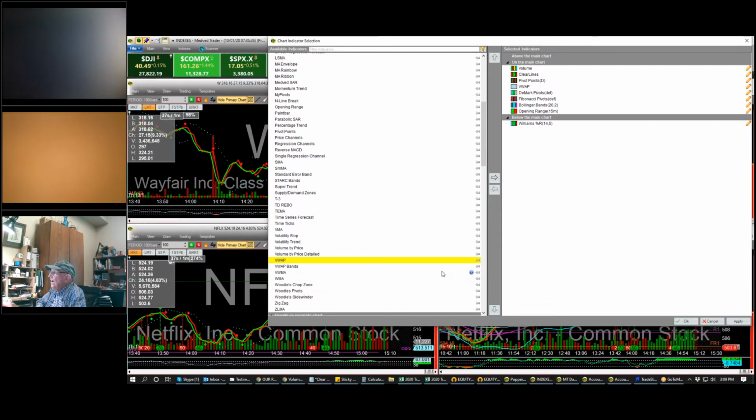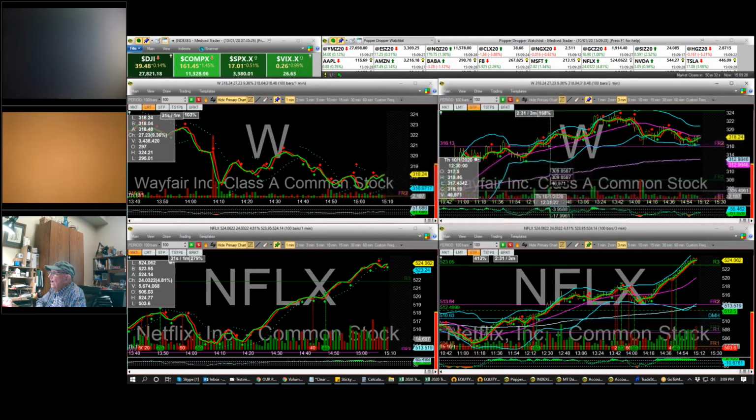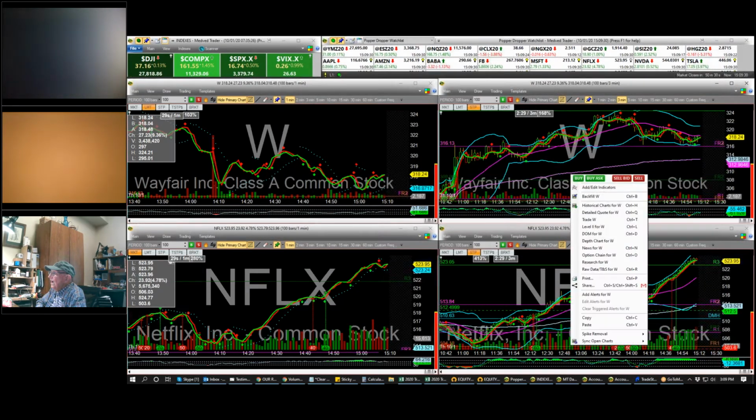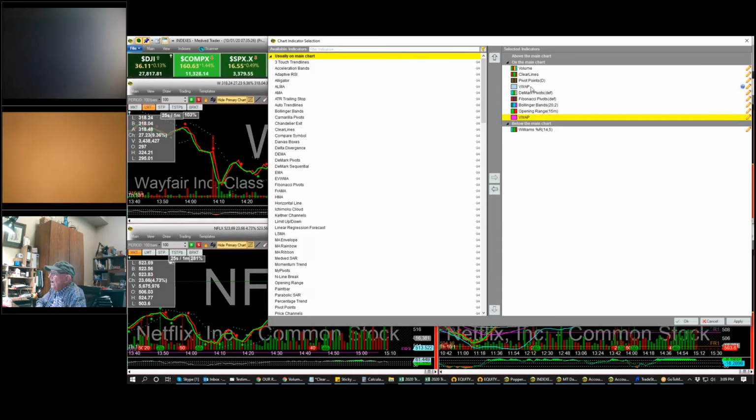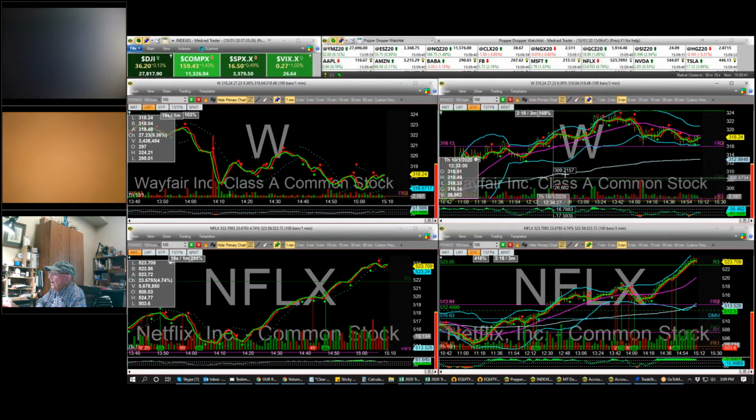But if you want to add it, you just double click it and then click OK. Oh, I do have it on here. I couldn't see it. It's right up here, VWAP. So it's this line.